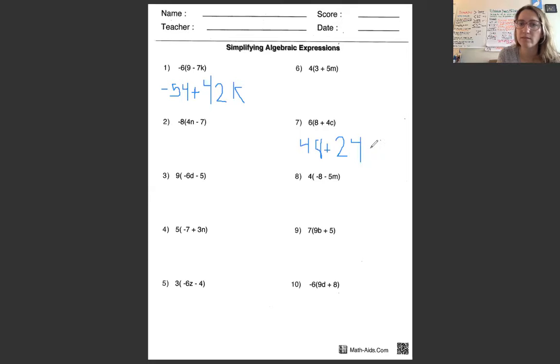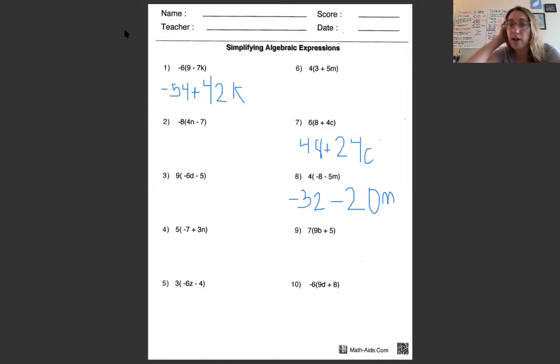It's a 4, believe it or not. And then the last one we showed was number 8 here, and that's negative 32 minus 20m, just so that you can see that we've already done 3 of those problems, and you can write out each step. It's okay if you copy it down from a previous screen. I really just want you practicing writing down each of those steps and seeing where they're coming from.